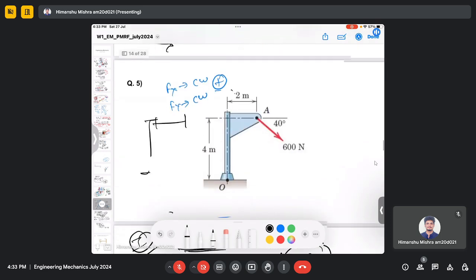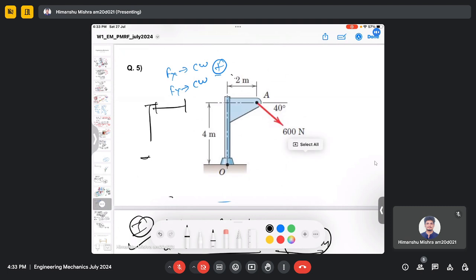But just for the concept, let's consider the line of action of this force. In the beginning of the lecture, we discussed that you can slide the force. So this is your y-axis, and this is your x-axis.